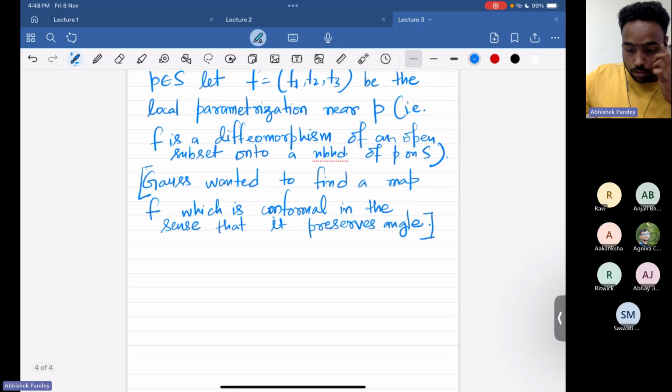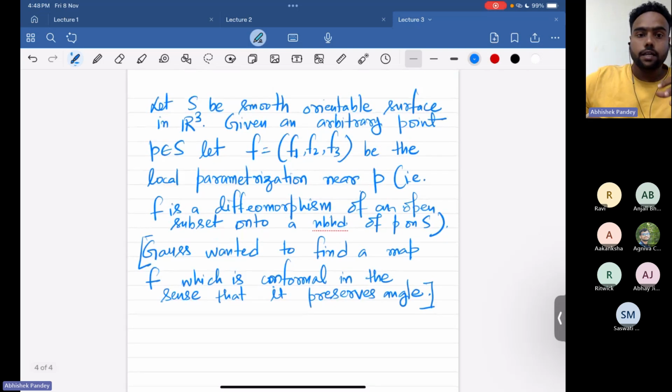So basically, by means of this F, we can give a line element on the surface S. By line element, I mean that through which we can calculate the length of a curve.